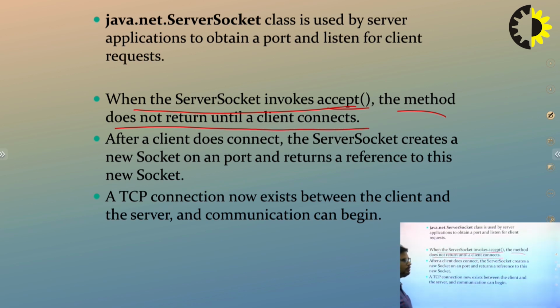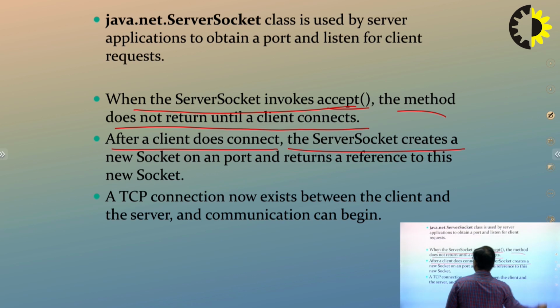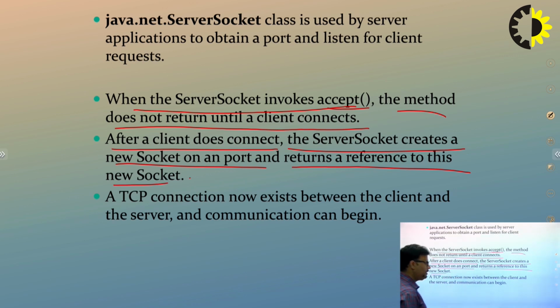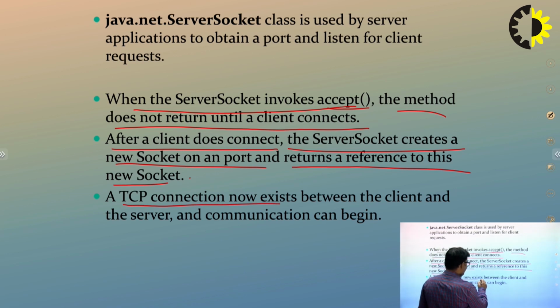Until then it will not respond. Next, after a client does connect, the server socket creates a new socket on a port and returns a reference to the new socket. Now a Transmission Control Protocol connection exists between the client and the server.